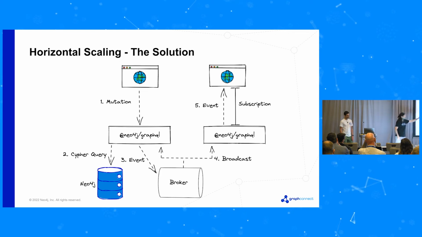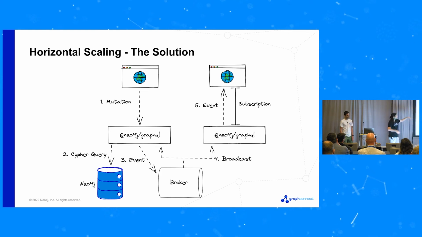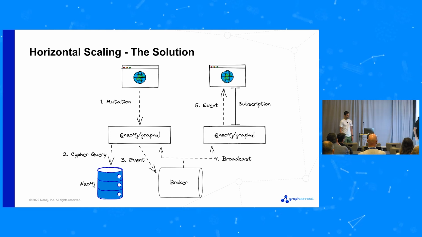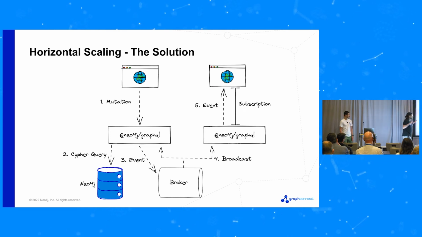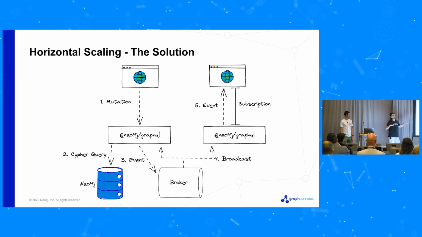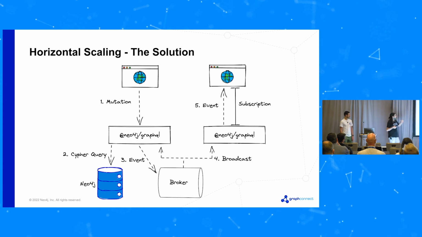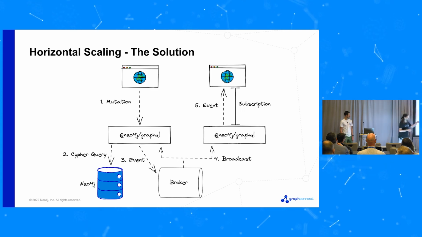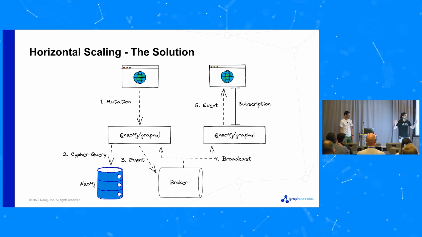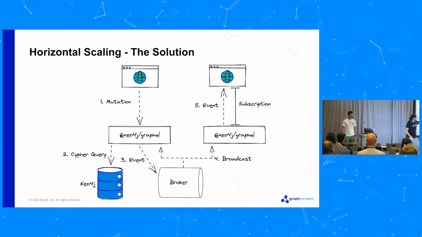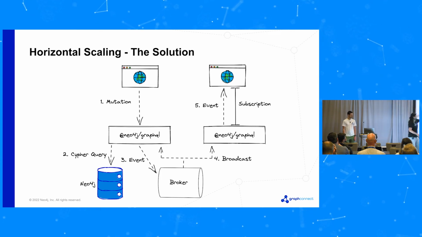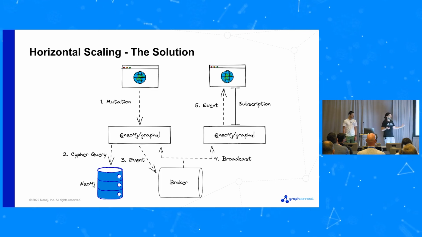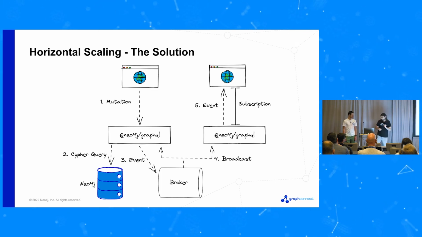This can be RabbitMQ, Redis, Kafka, or whatever broker works for you. Then this broker will broadcast this event to all of the Neo4j GraphQL servers. Each server will take care of its own subscriptions by filtering, adapting, checking authentication, or whatever is needed. So each server only knows about its own subscriptions and whatever comes from the third-party broker.